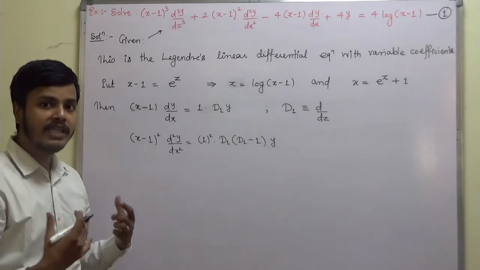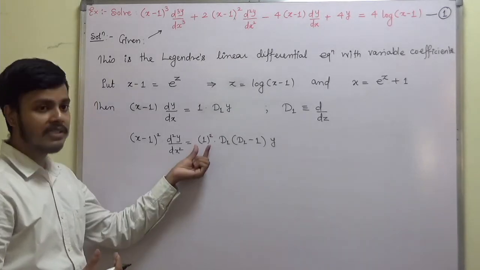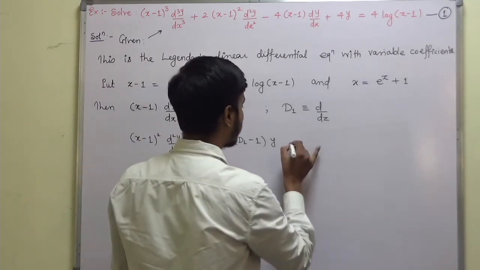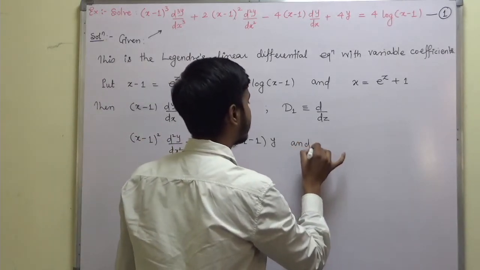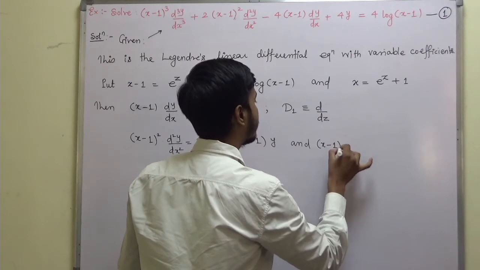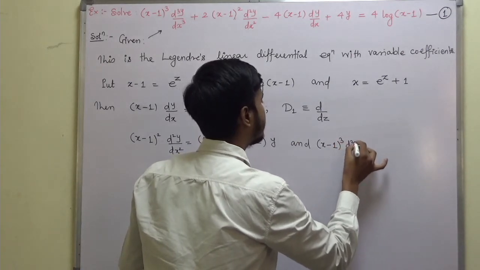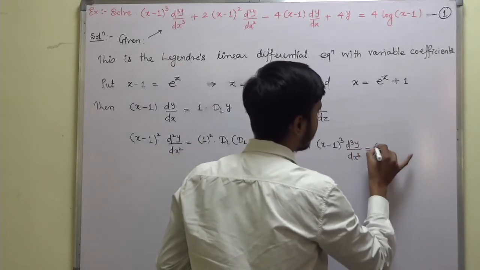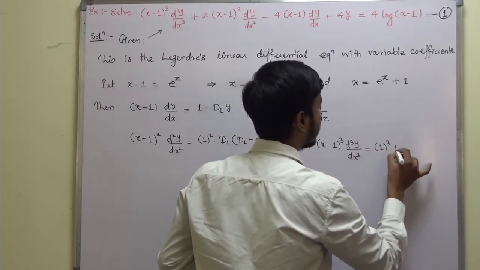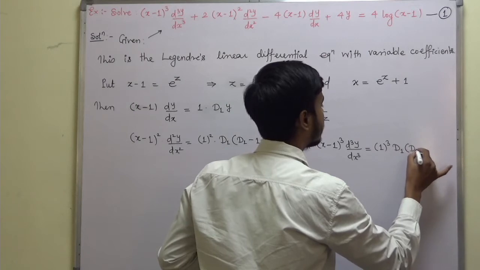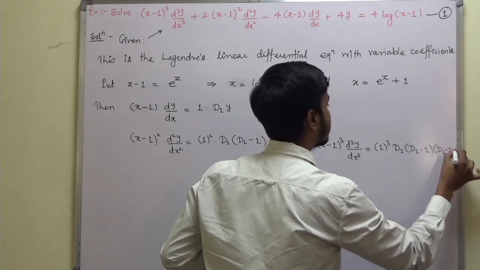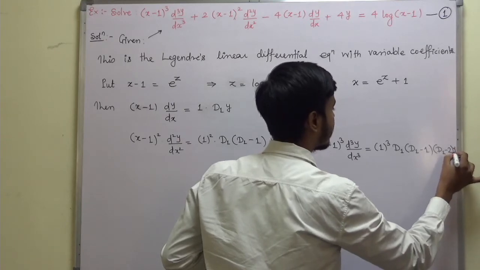And likewise the last one, (x minus 1) cube d3y by dx cube, can be written as 1 cube D1 into (D1 minus 1) into (D1 minus 2) into y.